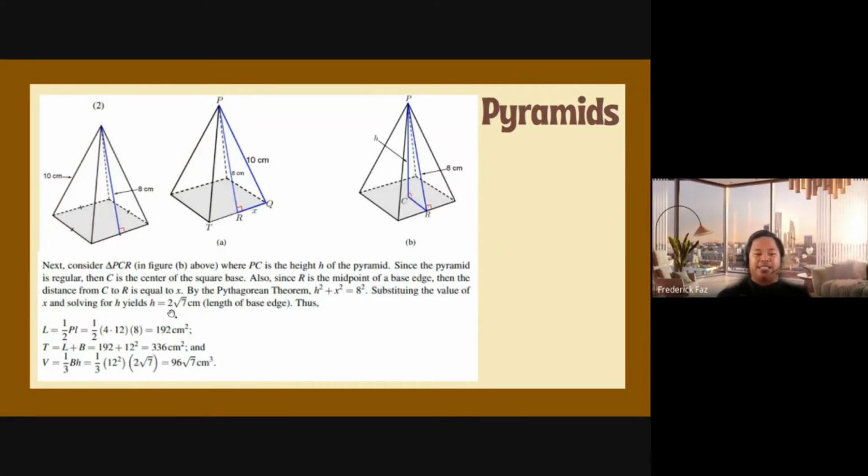And if we're going to simplify, 2 square root of 7. So we have here 2 square root of 7 for the height of the pyramid. And its volume now is equal to 96 times square root of 7 cubic centimeters.